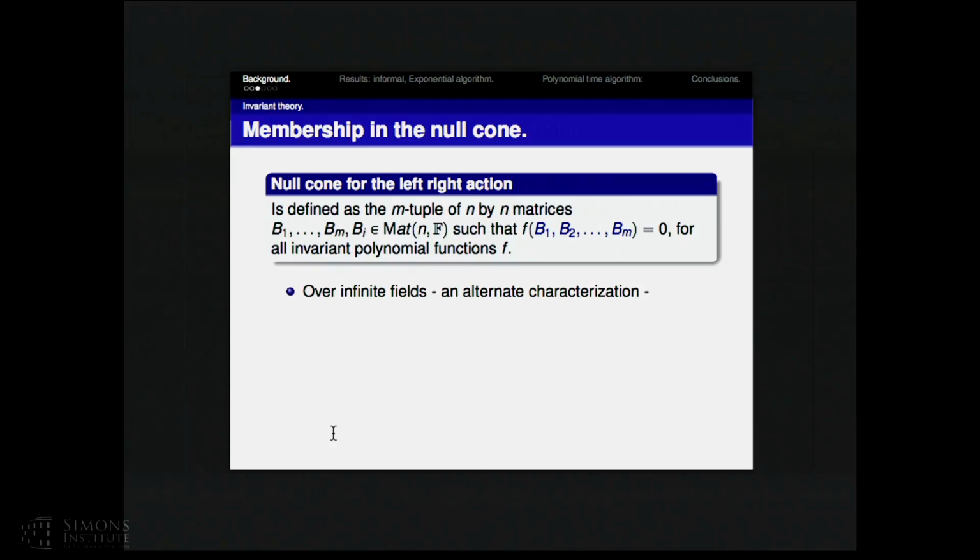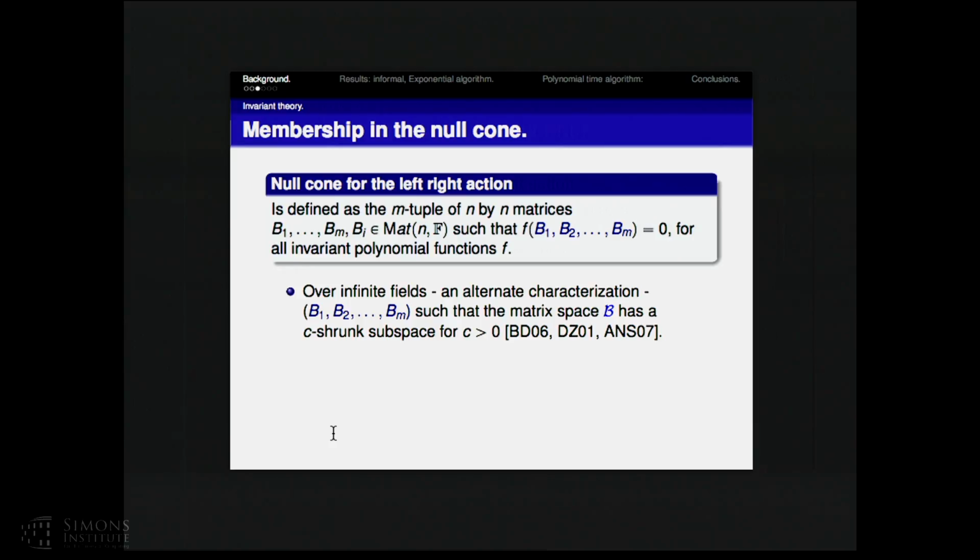This is the definition, and one would like a good characterization. So this is the connection with non-commutative rank. It turns out that b1, b2, ..., bm is in the null cone if the matrix space script B, the linear combinations of b1, b2, ..., bm with coefficients coming from my base field F, has a certain property.